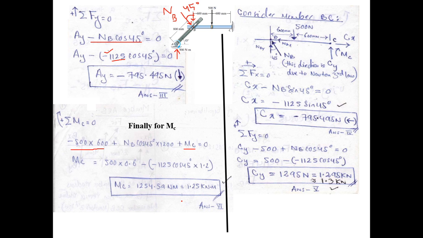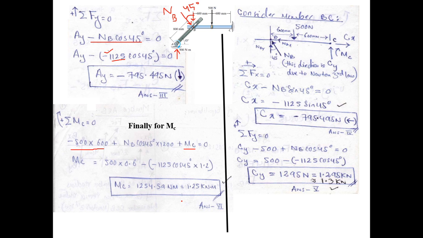So therefore the trick is to dismantle or disconnect the members of a frame structure from the common joint. In this problem the common joint was the peg B, and therefore once you dismember them, you can analyze each and every member separately.